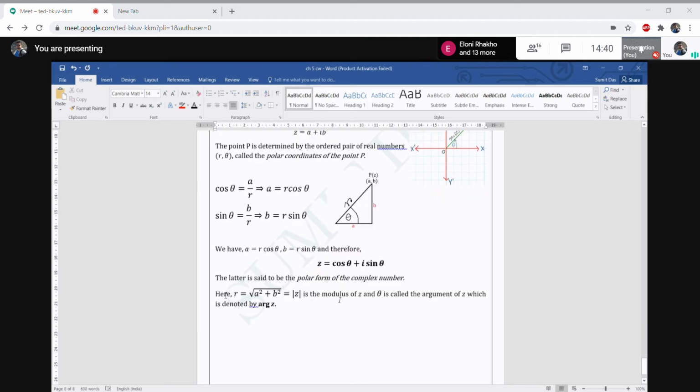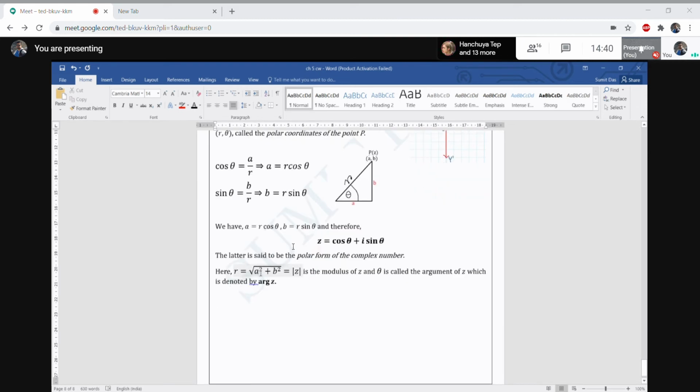Where r is root over a square plus b square, and theta is called the argument of z.